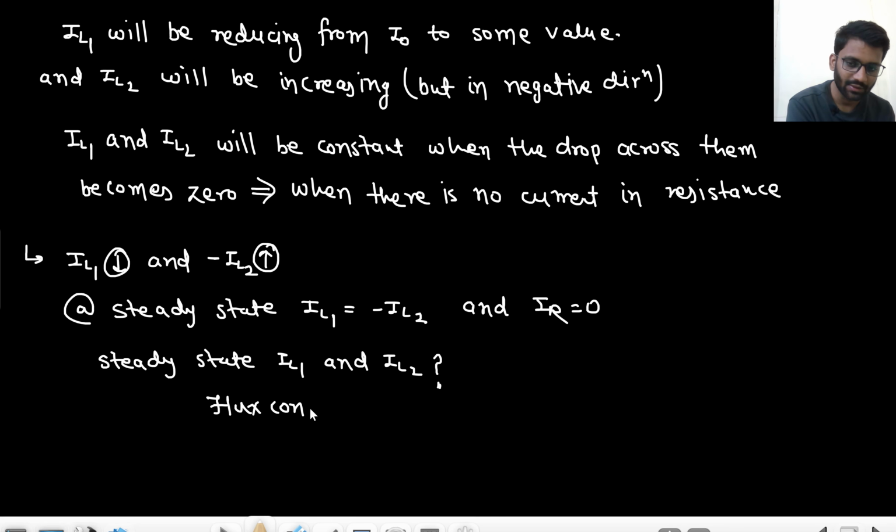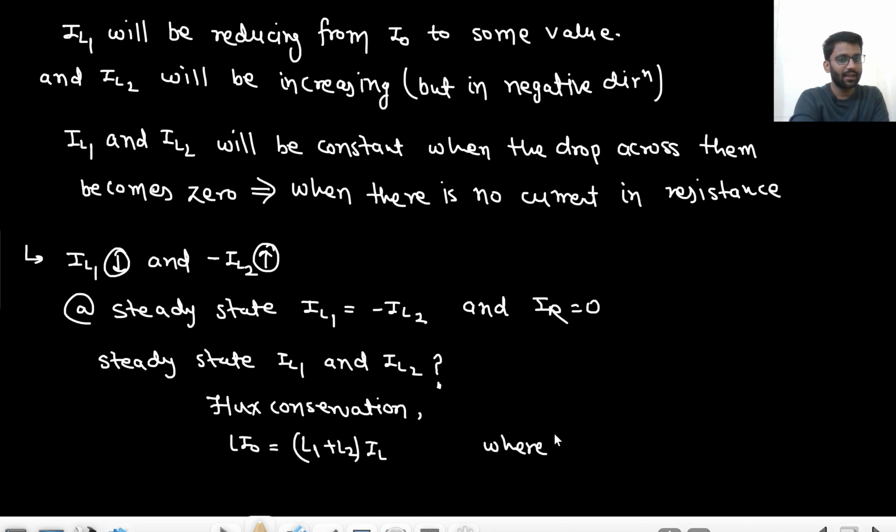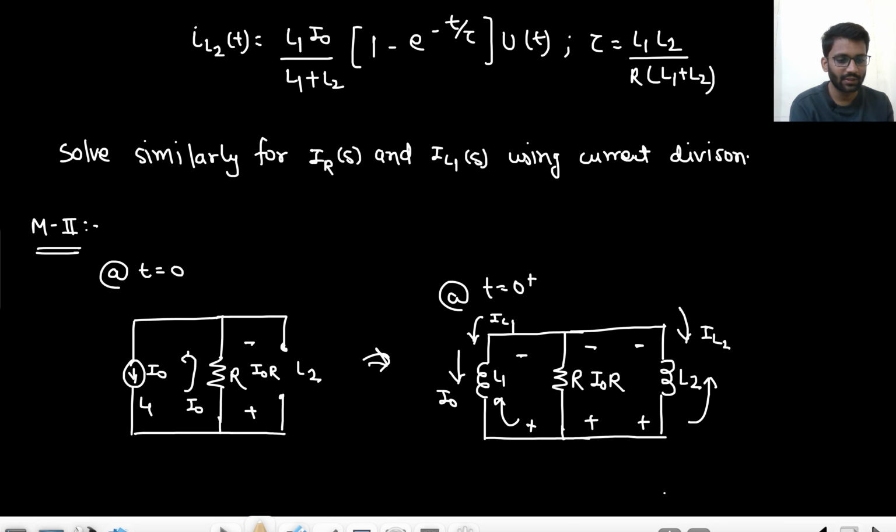Flux conservation. So L1 I0 equals L1 plus L2 times IL, where we have to consider IL in the same direction as I0. So what is the direction of I0?